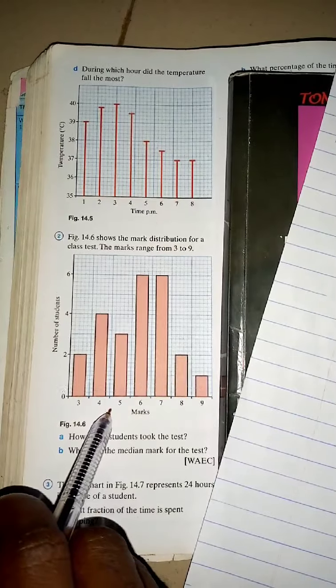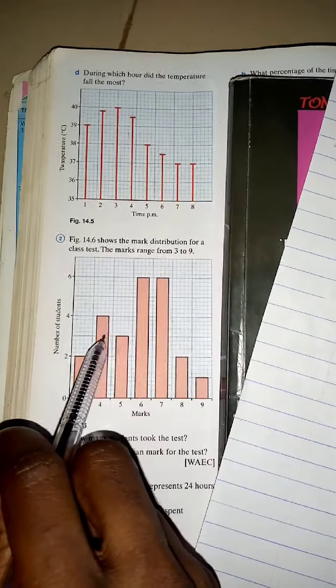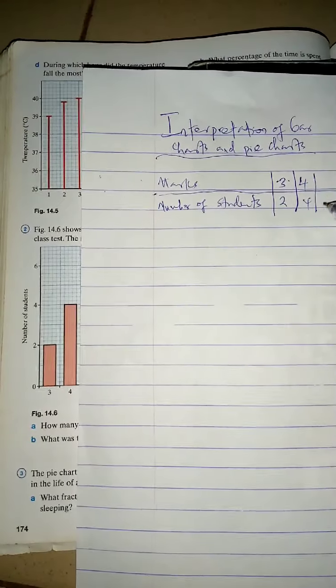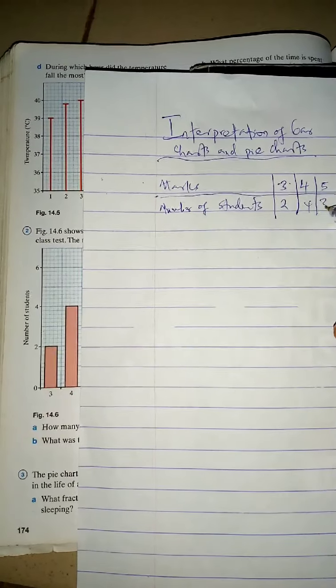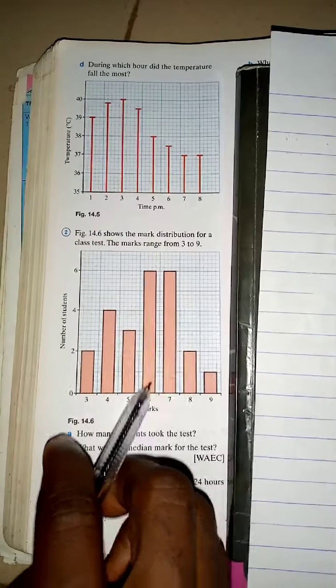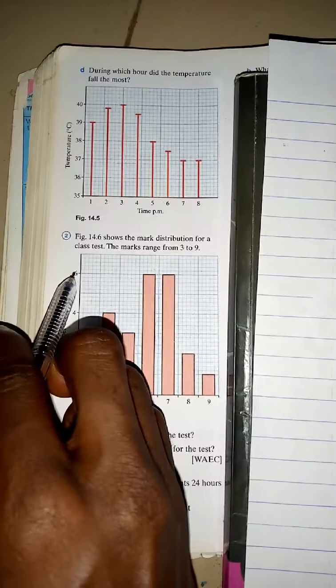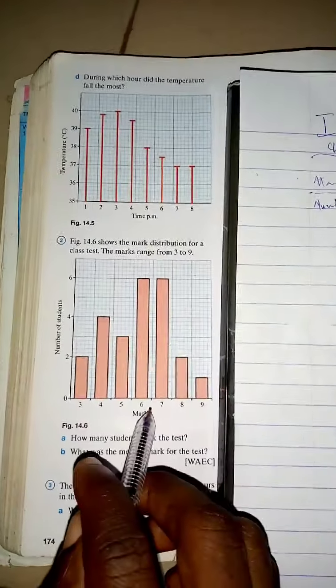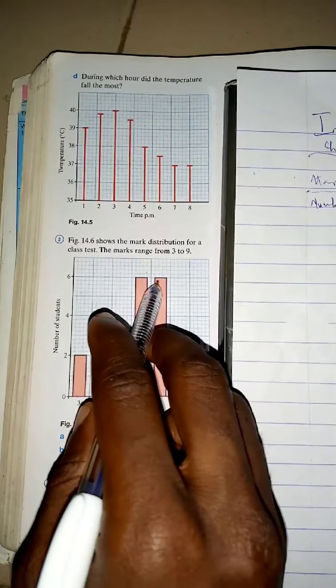For 5 marks, you see 3 students. You write it. You continue. For 6 marks, there are 6 students. For 7 marks, we also have 6 students getting that.